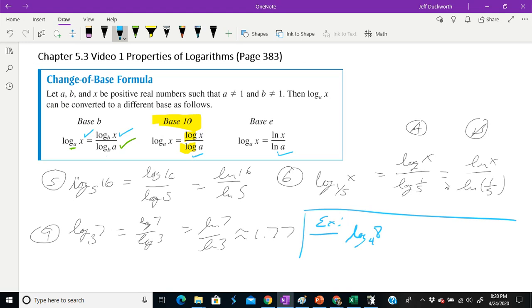So if I change this to log base 2, I get log base 2 of 8 over log base 2 of 4. Well, 8 is actually 2 to the third power, and 4 is 2 to the second power. So from our previous log rules, this equals 3 over 2.